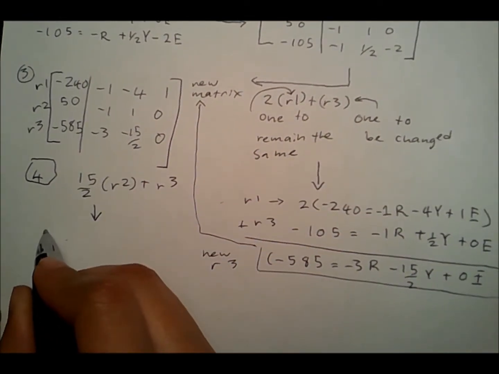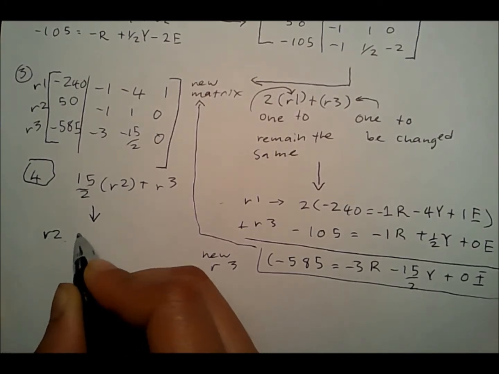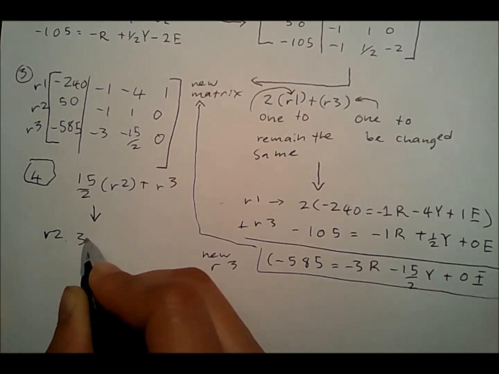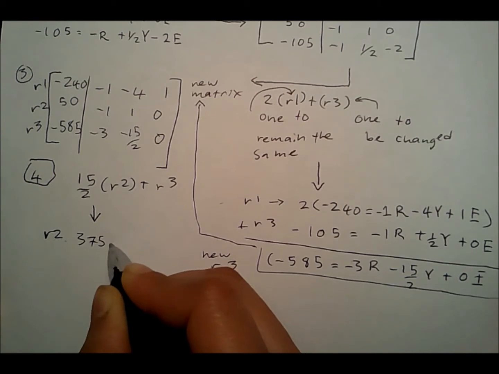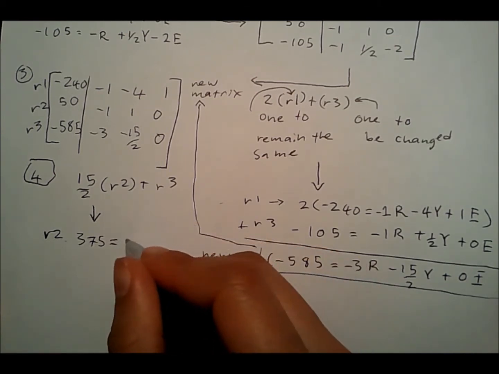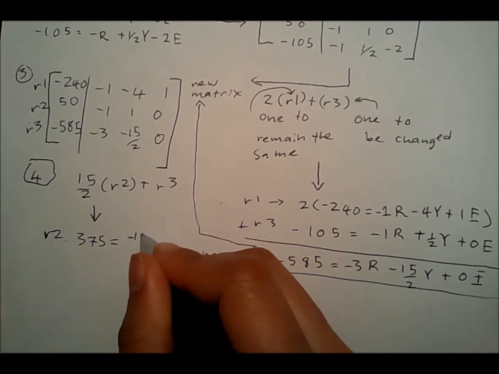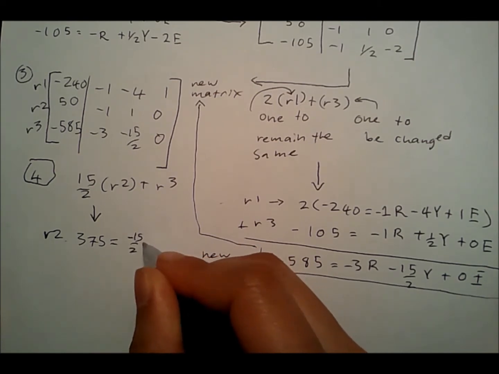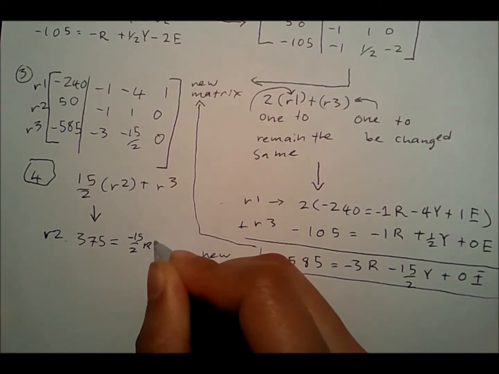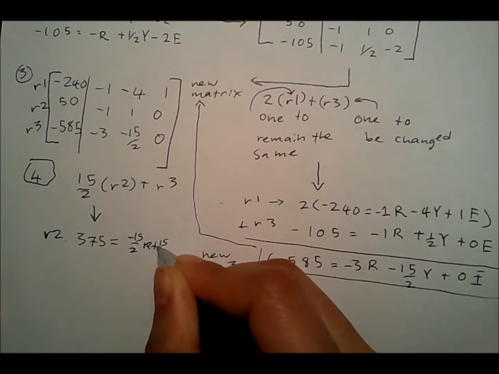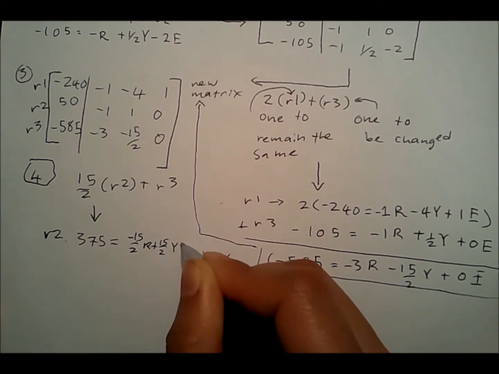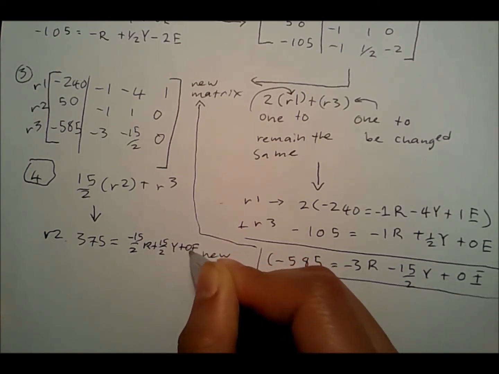So we can rewrite this, just in case you forgot, as 375 equals negative 15 halves r plus 15 over 2 y plus 0e.